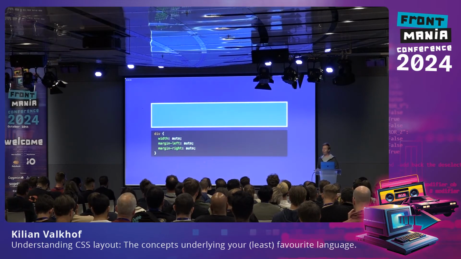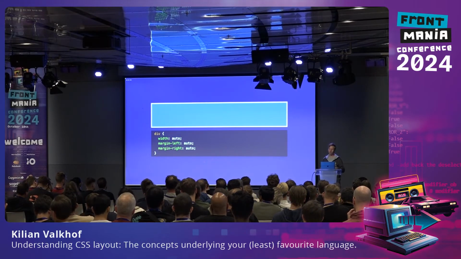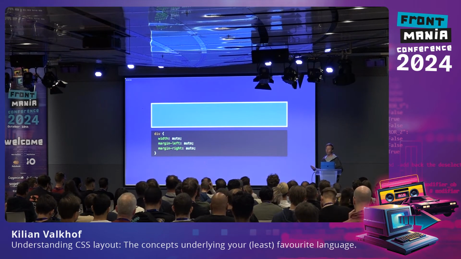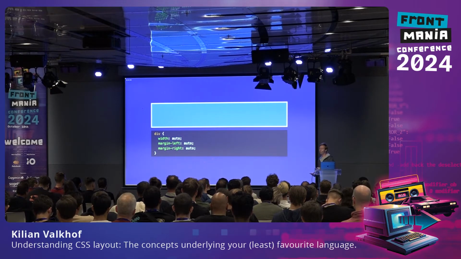Now, if you set all of them to auto, the width will take up the full horizontal space, and the margins will be 0. And this is because the preferred width of a block level element is the entire width. It will try to fill the space. So the math becomes 0% margin, 100% width, 0% margin.